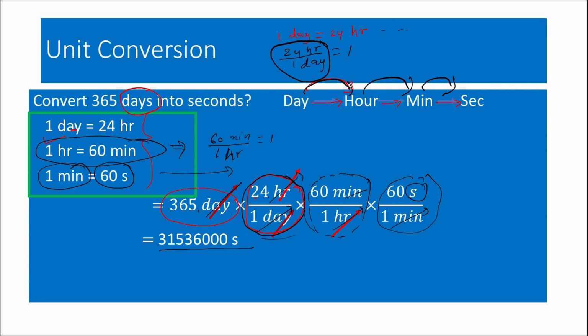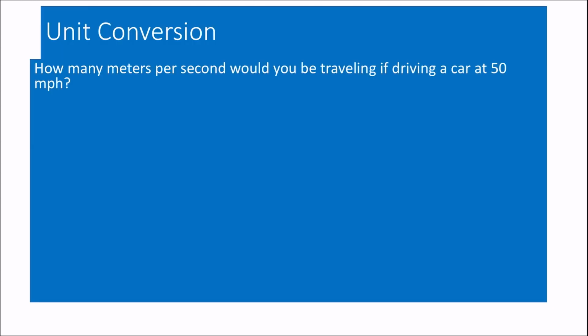Let's take another example. Okay, so this is a basic example. Now somebody says, how many meters per second would you be traveling if driving a car at 50 miles per hour? This is the speed of the car.